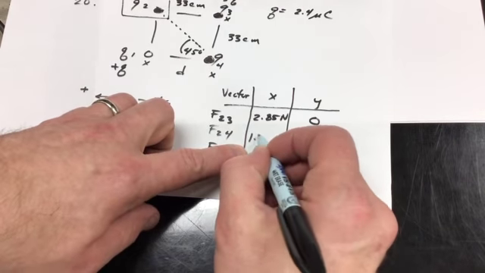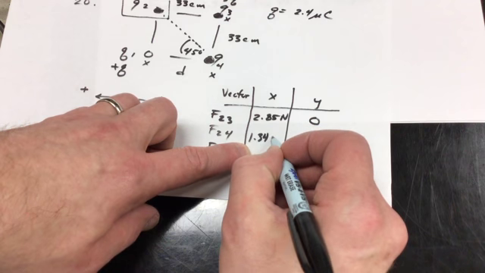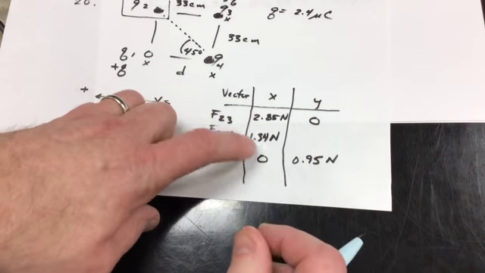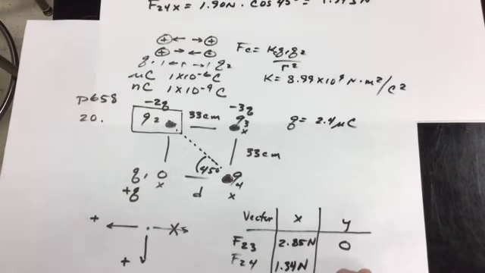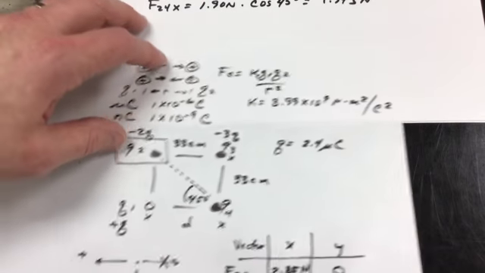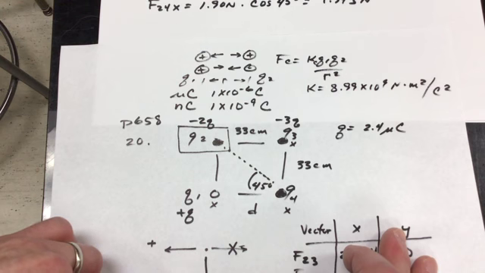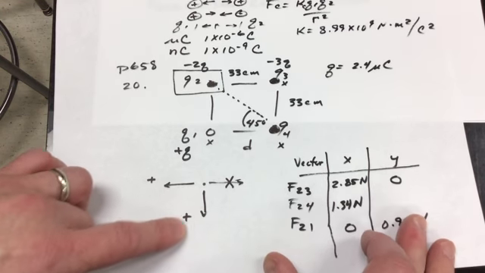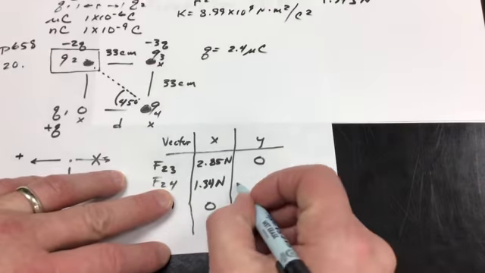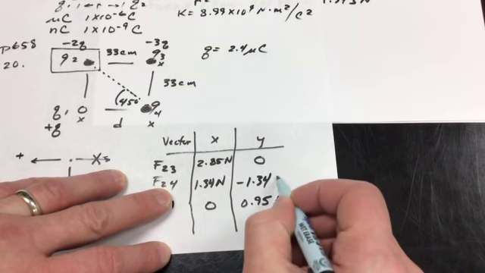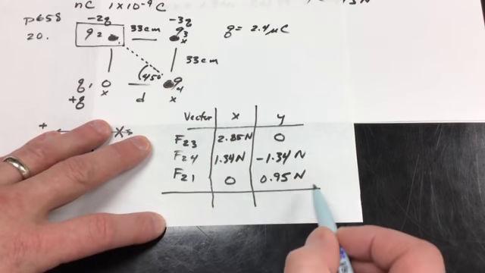So 1.343 in the x, call it 1.34 newtons in the x positive. And then our y direction is going to be repelling it upwards, which is opposite to our decided positive direction. And so that's going to be negative newtons.